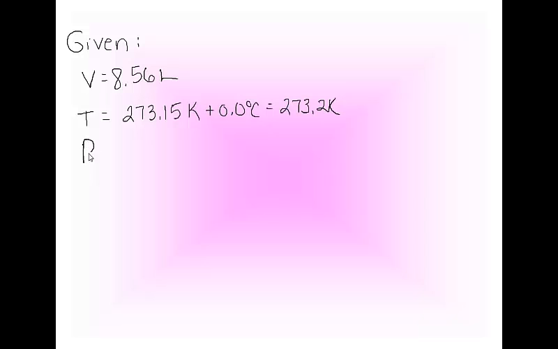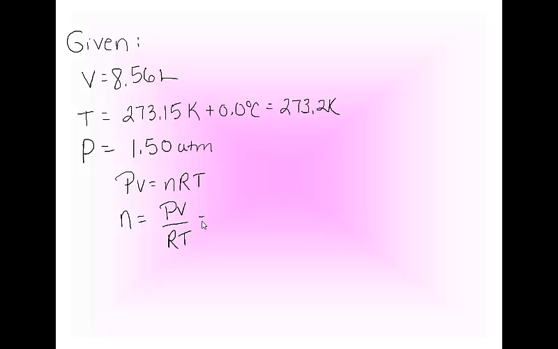And I have a pressure. All right, I'm going to use PIVNERT. This is one set of conditions, finding N. And I'm just going to fill my numbers in the right spots.